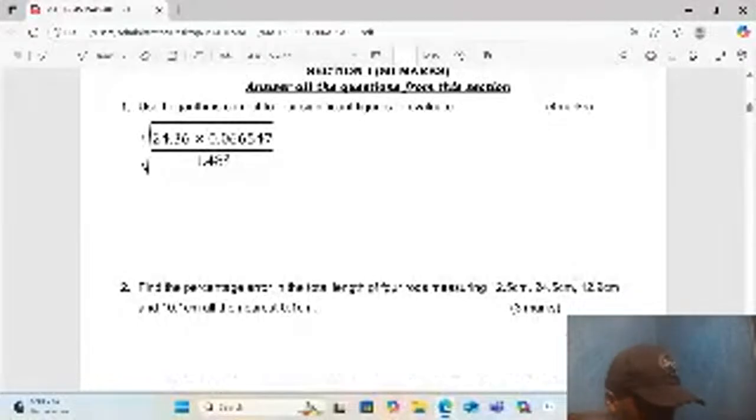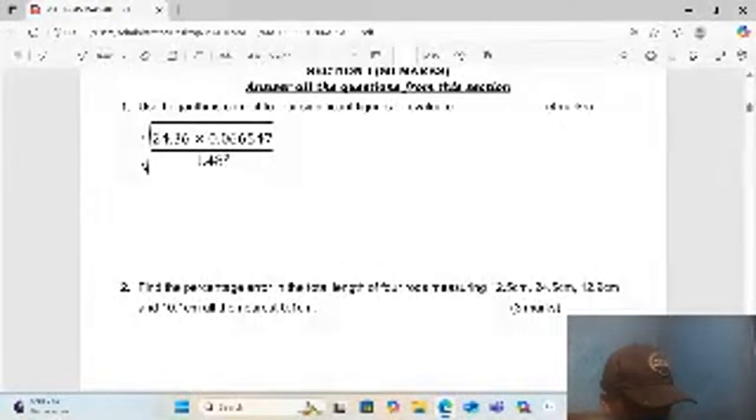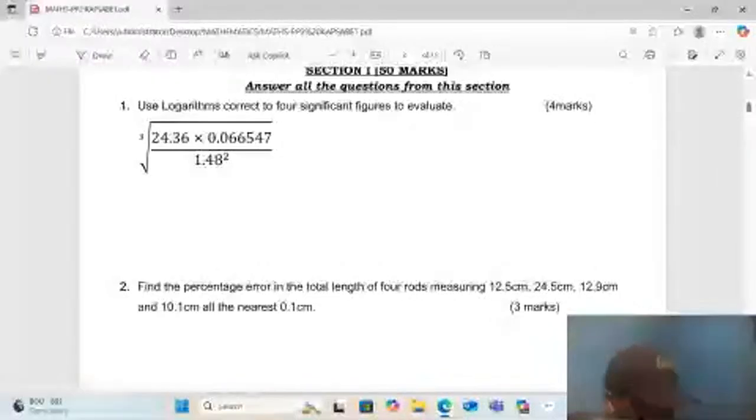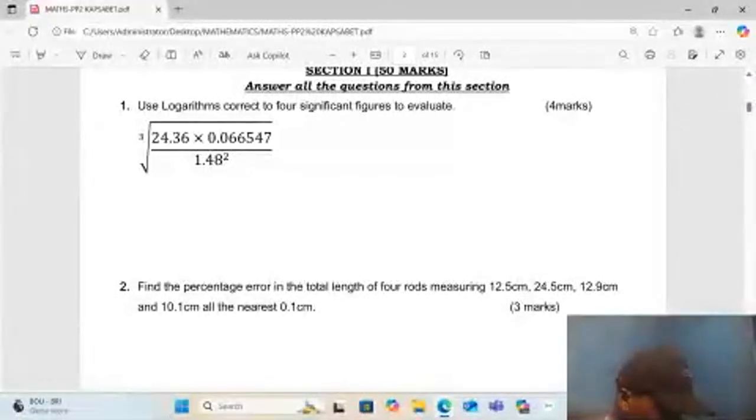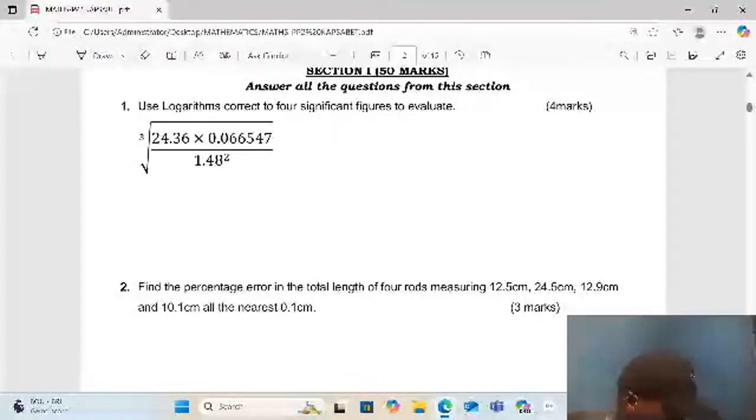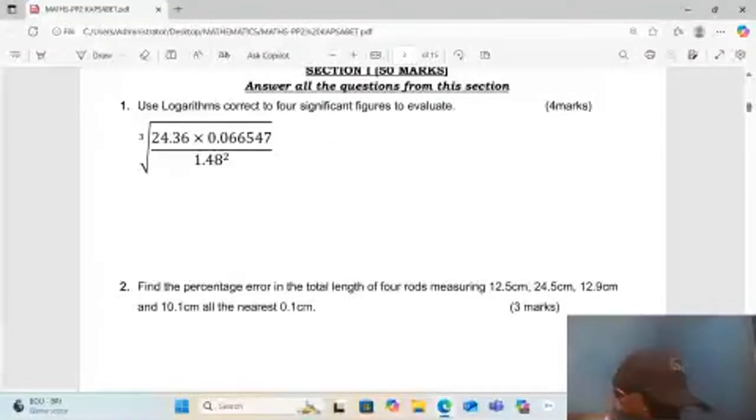The first question was: we use logarithms correct to 4 significant figures to evaluate the cube root of 24.36 times 0.066547 divided by 1.48 squared. So we are going to look at the logarithms of numbers.